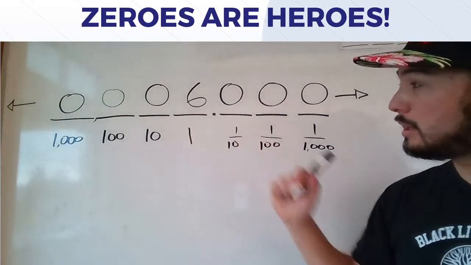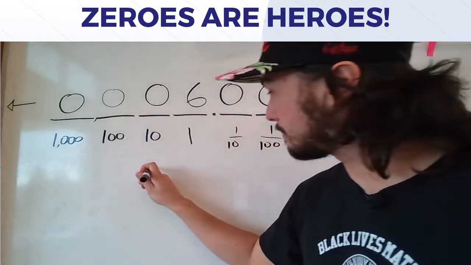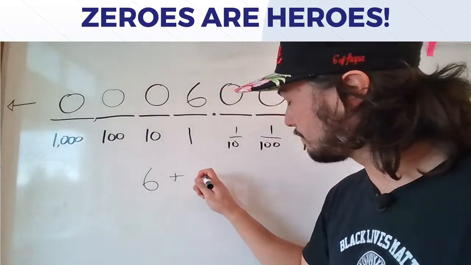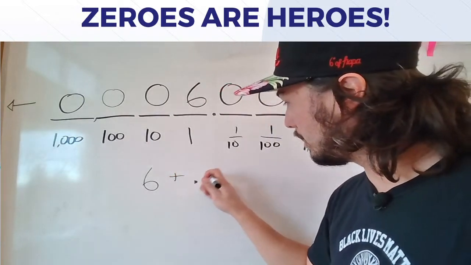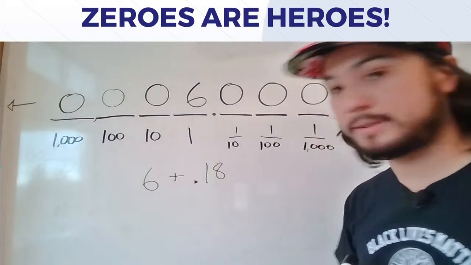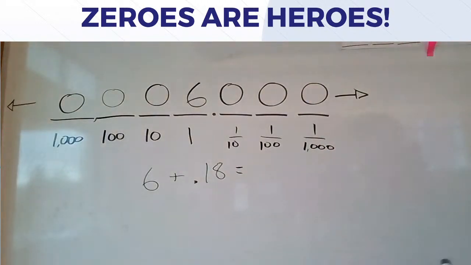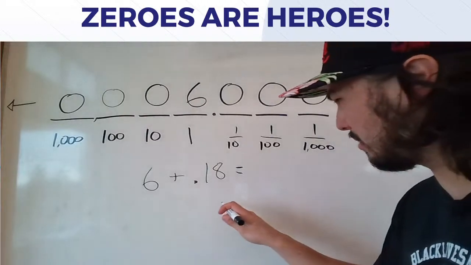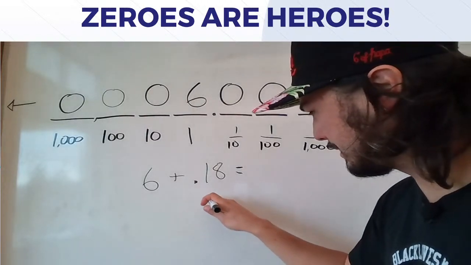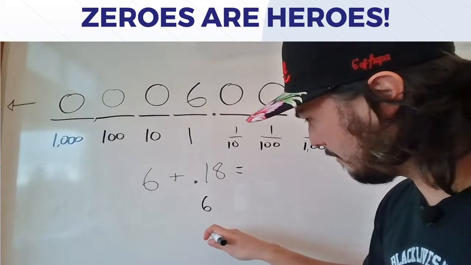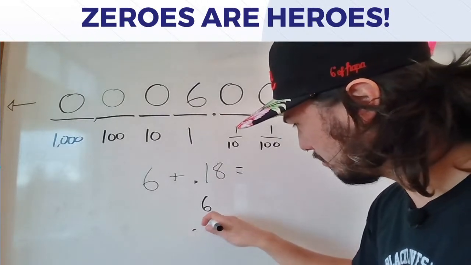So 6, let's say I was trying to add 6 plus 18 hundredths, okay? And this is where I see a lot of people getting in trouble, going, okay, well, I have my 6, and I have my... do I do this?